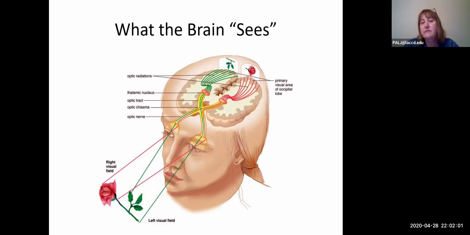All right, so what does the brain see? Everything is flipped. What's on the right is on the left, what's on the left is on the right, and everything's upside down. This is how babies are born. Then your brain is mentally flipping images all the time so that things are where you are.